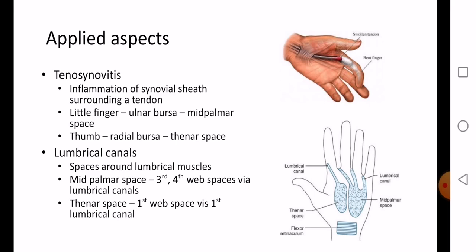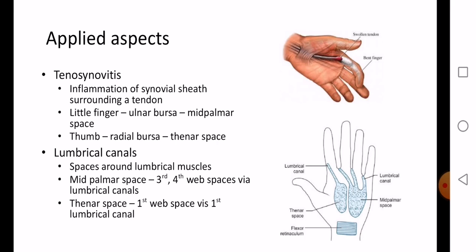It is communicating with the mid-palmar space. Similarly, tenosynovitis of the thumb can infect the radial bursa, and this inflamed radial bursa can burst into the thenar space, causing an abscess. So this is the applied aspect.